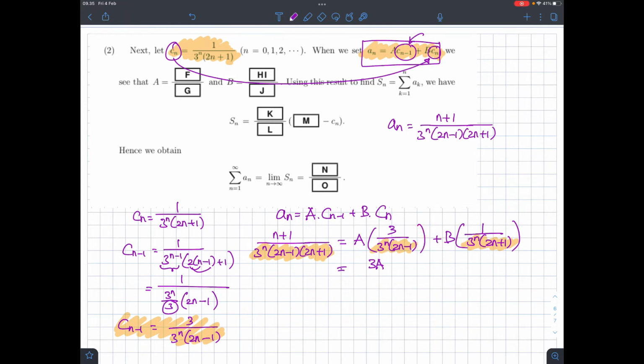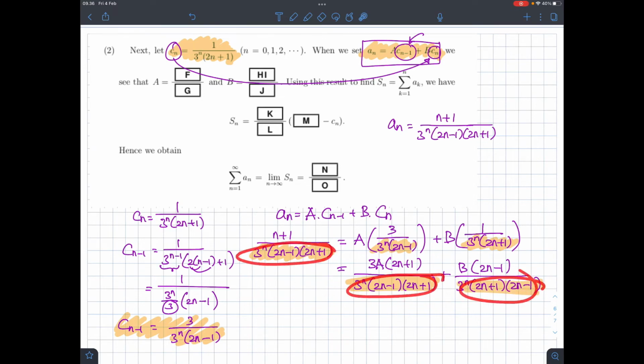So 2n plus 1 here is for the first part, and for the second part we already have 3 to the power of n and 2n plus 1. You just need to add one more term, so multiply by 2n minus 1 over 2n minus 1. So we got A times 2n minus 1 over this one. You can already see we have the same denominator.